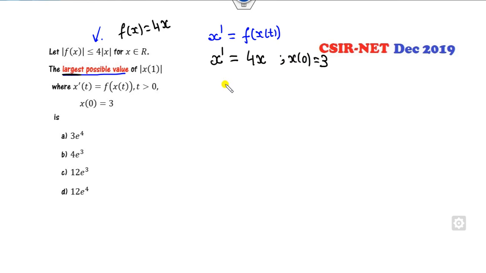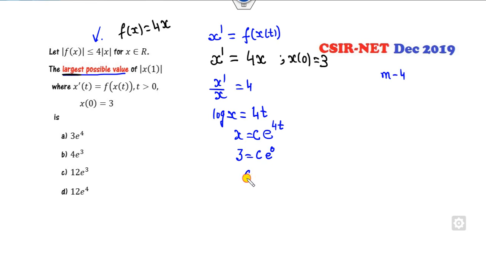Now can you solve this problem? It's very simple. If I simply take m minus 4 is 0, or you can simply take as my here, if you integrate them, log of x is my 4t, x will be my e raised to power 4t into constant I see as c. x0 is my c, x0 is my 3, so 3 is equal to c e raised to power 0, c is my 3, so solution will be my 3 e raised to power 4t.